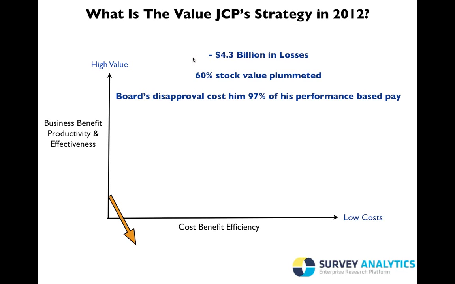So what is the value of the strategy that was implemented by Ron? You can see here that they had over $4.3 billion in losses in 2012.